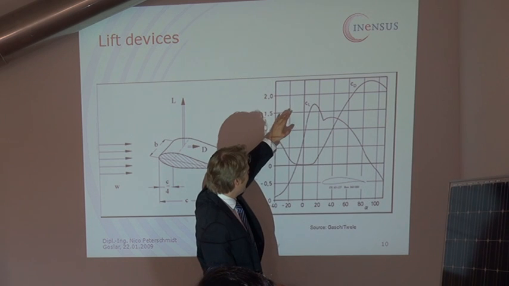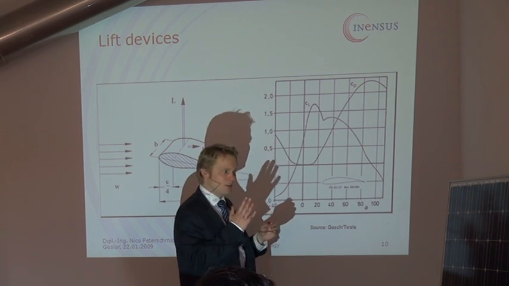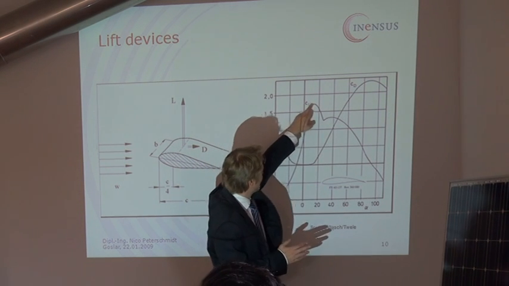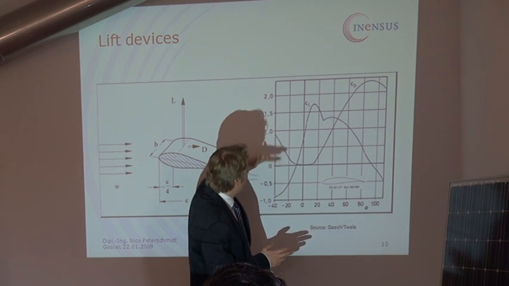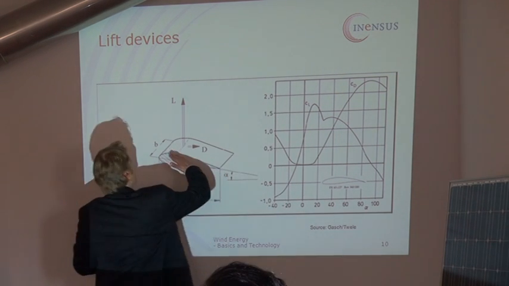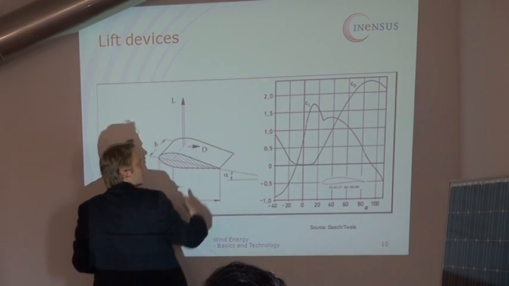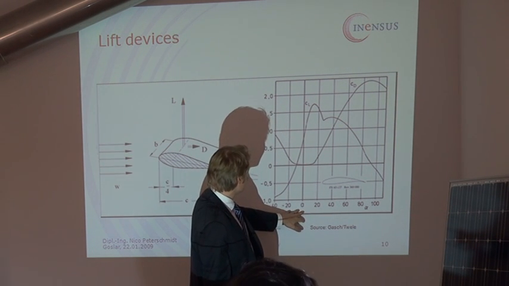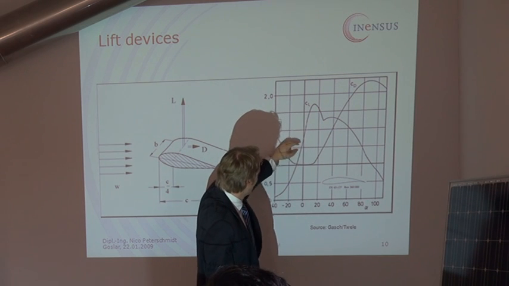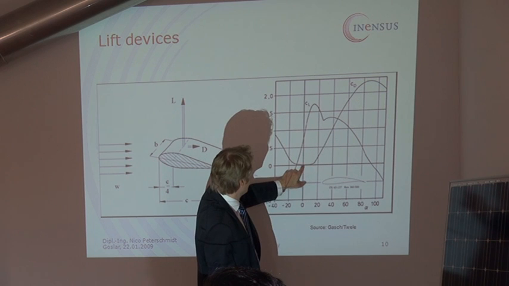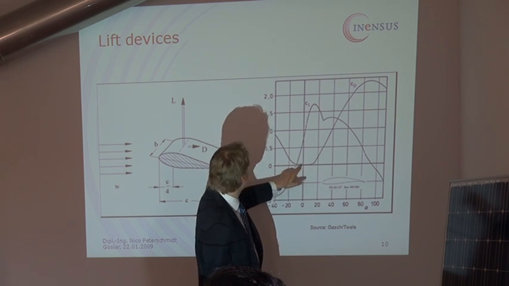And that is why you reduce the lift force, either by turning the blade into the pitch direction. Then you go down in this diagram, simply reducing the lift force, and the drag force is very low in this case.